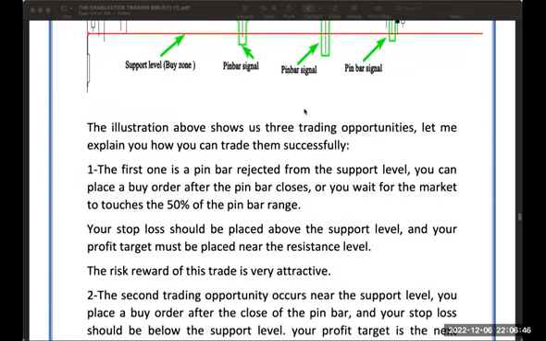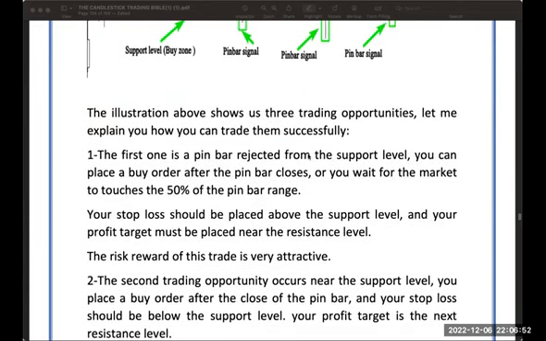The illustration above shows us 3 trading opportunities. Let me explain to you how you can trade them successfully. The first one is a pin bar rejection from the support level. You can place a buy order after the pin bar closes, or you wait for the market to touch the 50% of the pin bar range. This is as explained.